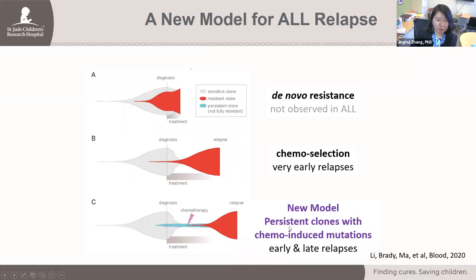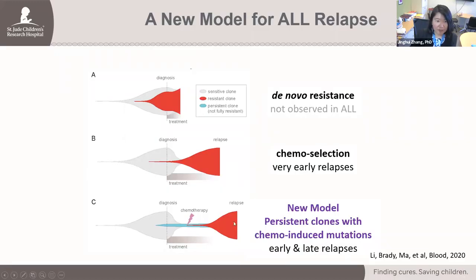So the new model we propose is that there's actually a two-phased approach leading to relapse. First is a chemo selection of a persistent clone that can survive chemotherapy, as shown in this light blue line here. But chemotherapy will induce additional mutations that lead to the clonal expansion of relapse. And this model is likely to account for the early and late relapses.